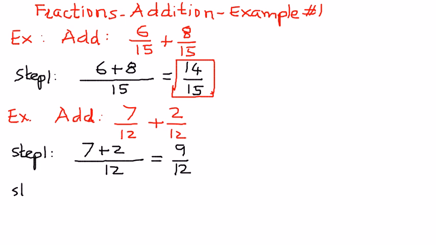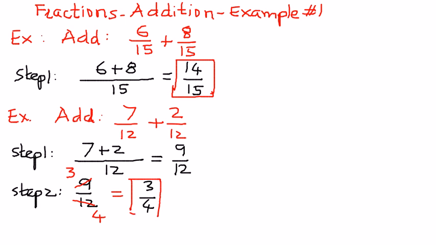So as step number 2, we're going to say we can simplify this 9 over 12 some more. 9 is in the numerator, 12 is in the denominator. 9 and 12 are multiples of a common number, 3, and therefore 3 times 3 is 9. 3 times 4 is equal to 12, and therefore we can write this one as 3 over 4 in its simplified form.